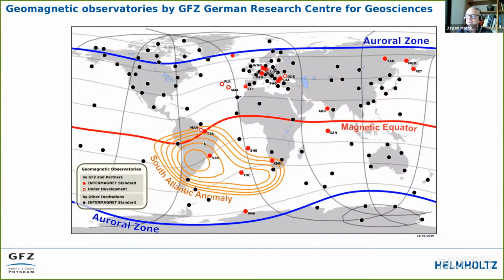We are also very interested in the geomagnetic equator. We have stations in South America, and low latitude stations in the Indian sector. We also have a station in Antarctica, Neumayer station, and one of my new favorite projects is to put more geospace instrumentation there in the near future.